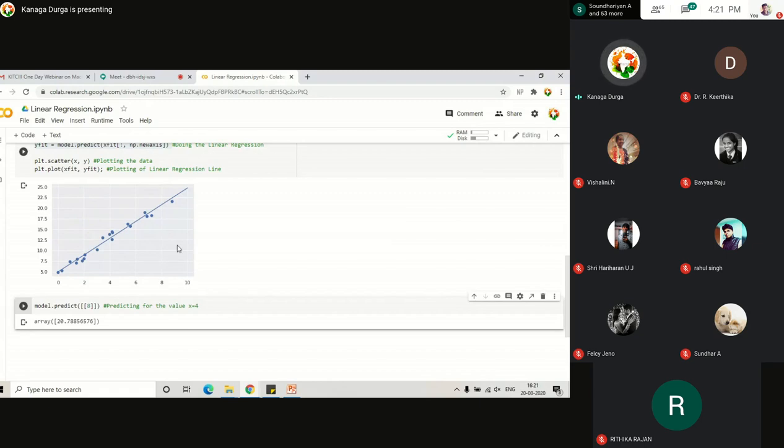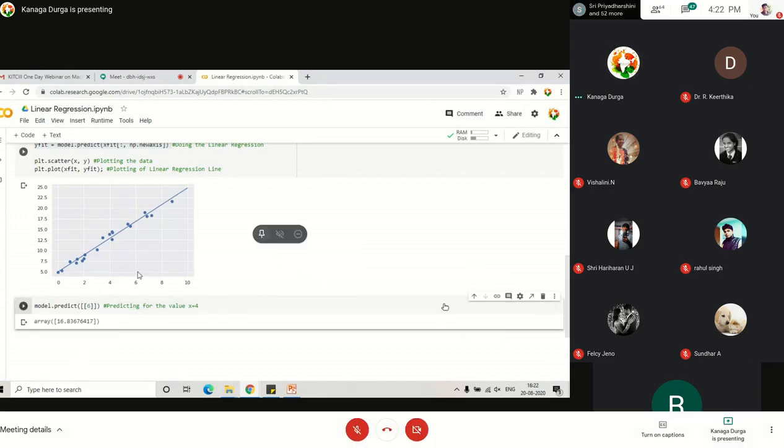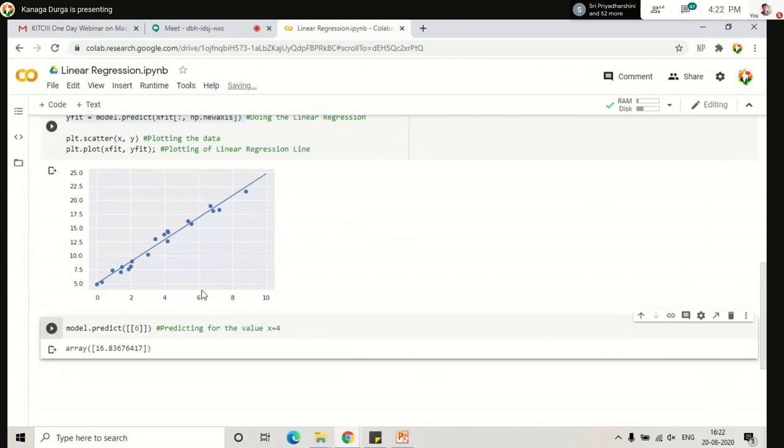So using this model, I can predict for future values. I can also predict for some other value which is not in the graph, let us say 6. For 6, we're getting 16.8, which is roundabout over here.